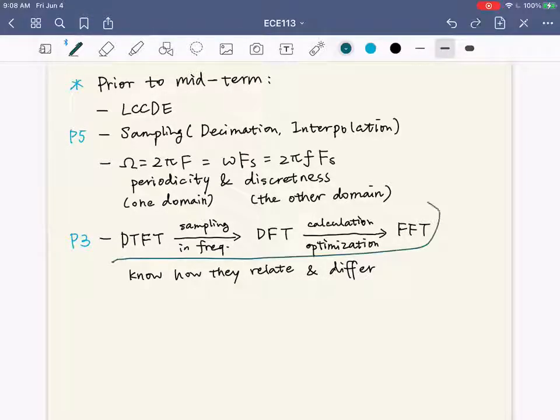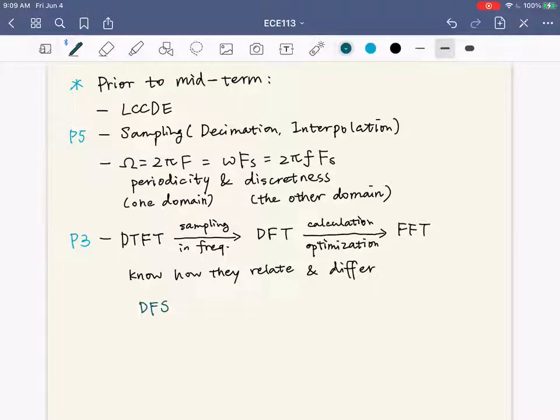The relationship between the DTFT, DFT, and FFT is also important. In a word, DTFT is basically the discrete-time version of your CTFT. Then we sample it in the frequency domain to get the DFT, and then we optimize the calculation and get the FFT. DFS is not mentioned here, so I will conclude it in one sentence.